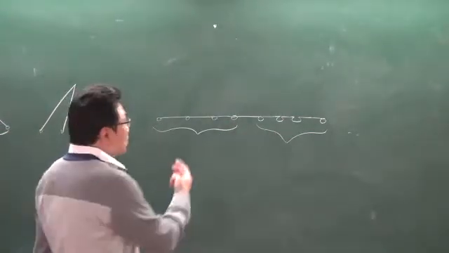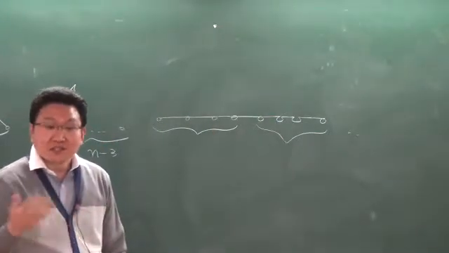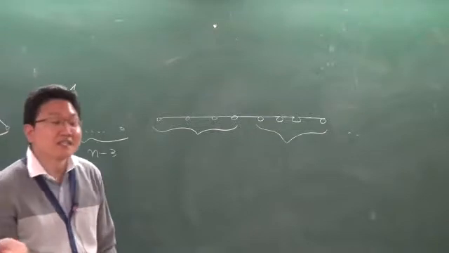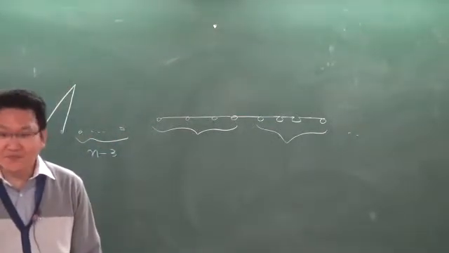And then if you choose the 2 middle vertices from each path, that's a total dominating set. Which means that the total domination number is at most n over 2.